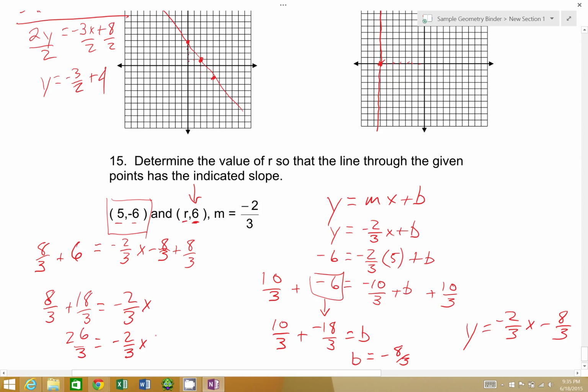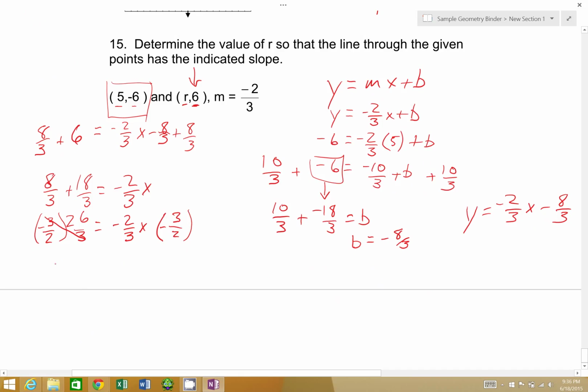Now, remember, in order to get rid of a fraction, I multiply by the reciprocal, which means numerator becomes denominator and denominator becomes numerator. So negative 3 over 2. My 3's are going to cancel.